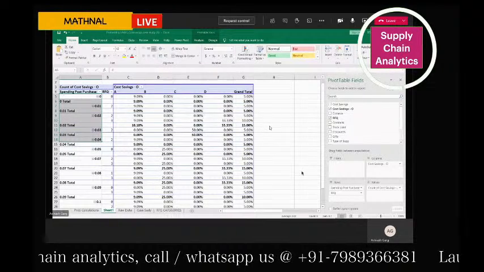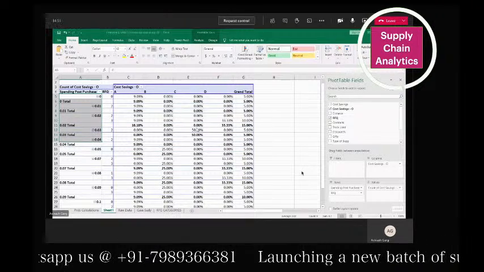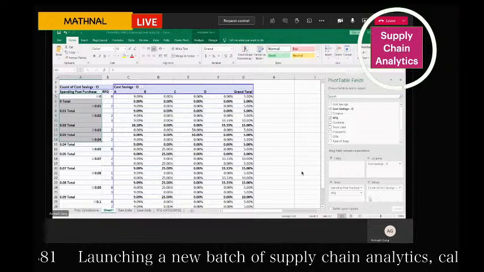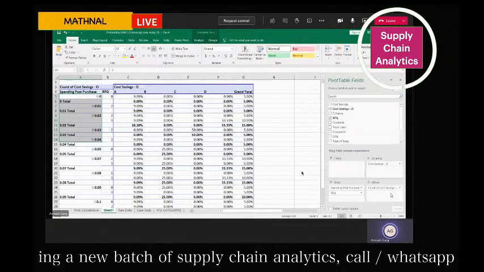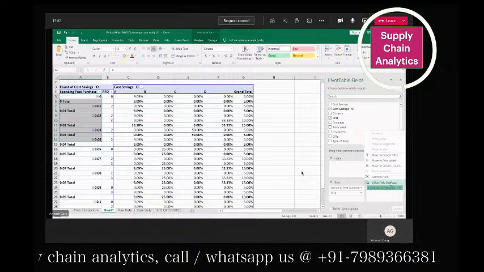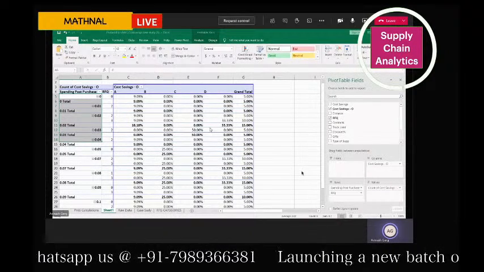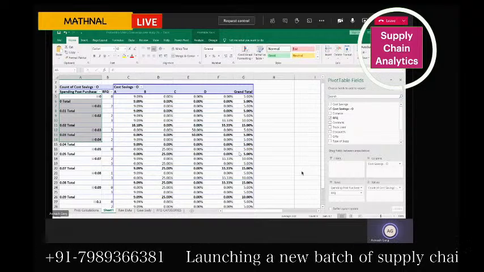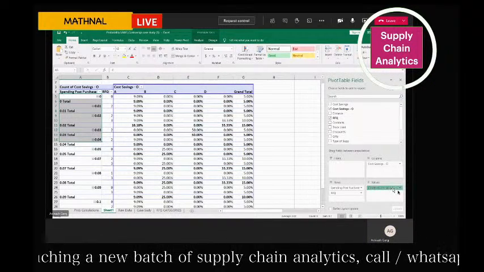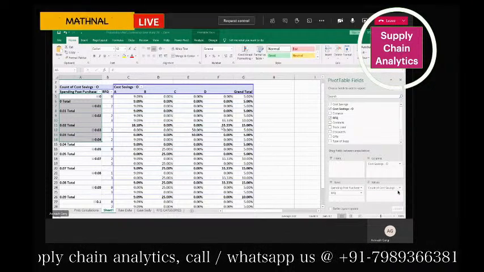Click on the variable in the value section, the count of cost savings. On the drop down, go to value field settings. I cannot see Count. Why is it not coming?